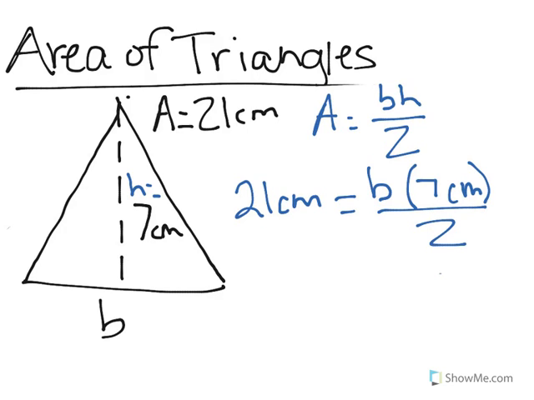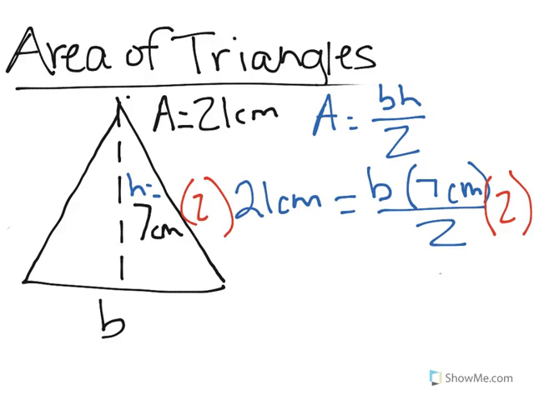We need to undo this big spider web. We know that the product of the base and the height is being divided by 2. So let's go backwards. If it's being divided by 2, the opposite inverse operation would be multiply by 2. So let's multiply by 2 on each side.